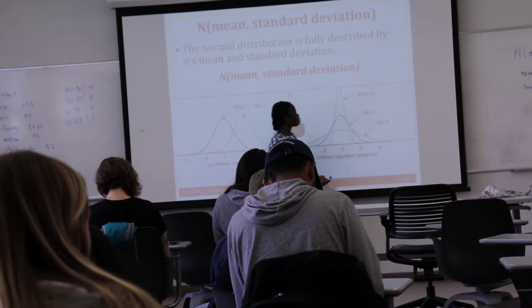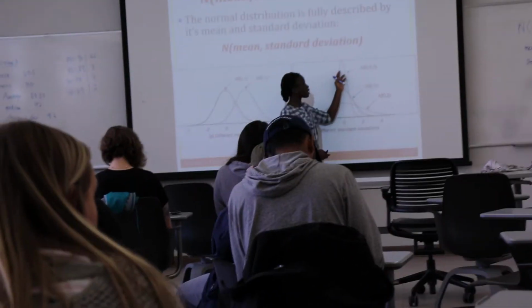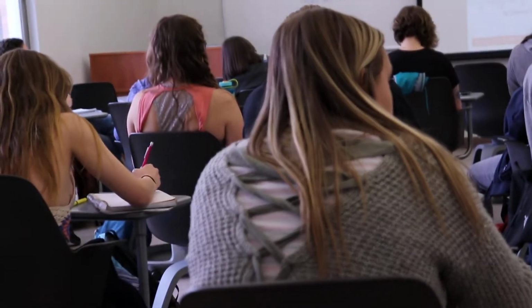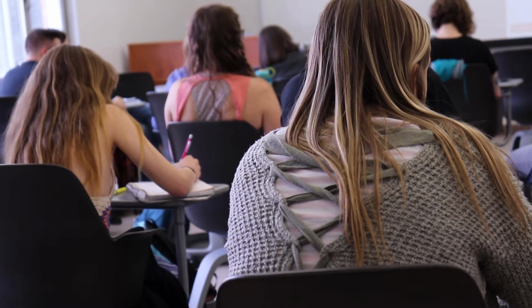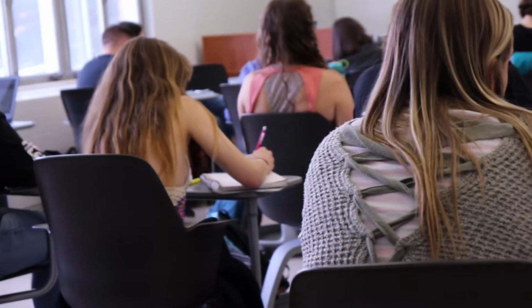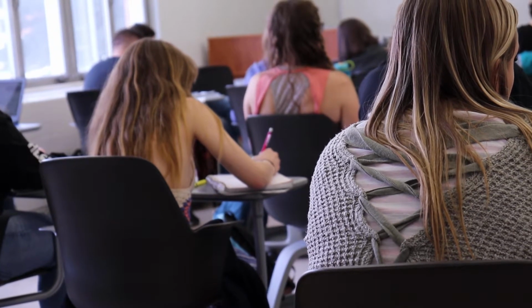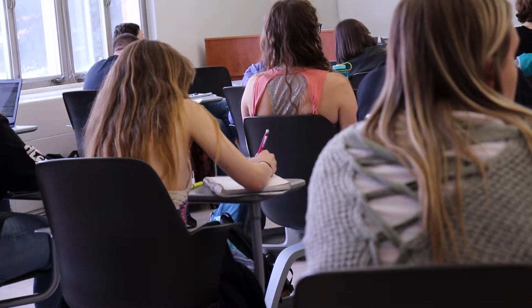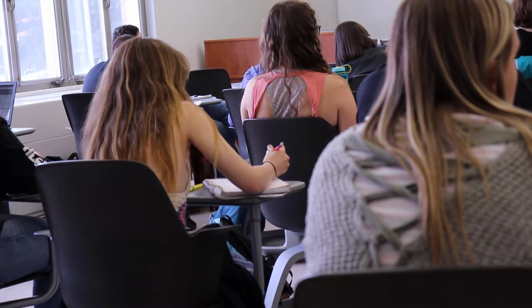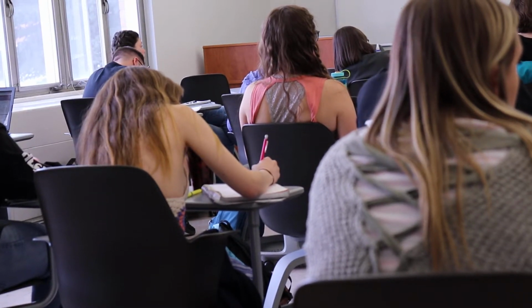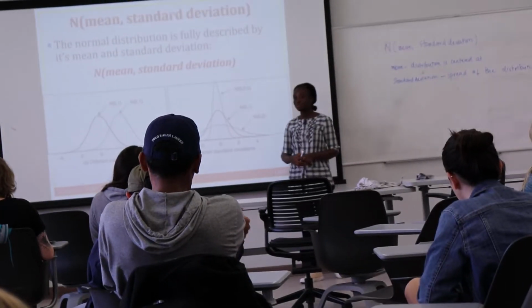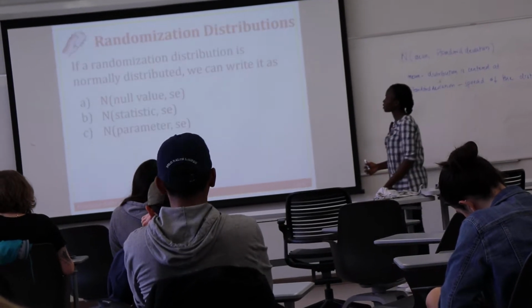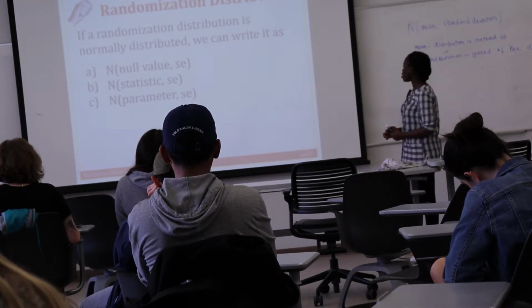In the first normal curve, the mean is 0 and the standard deviation is 0.5, so that has a narrow spread, compared to the second normal distribution with mean 0 and standard deviation of 1, which has a much wider spread. The last one has a mean of 2. So we looked at all these on Monday.